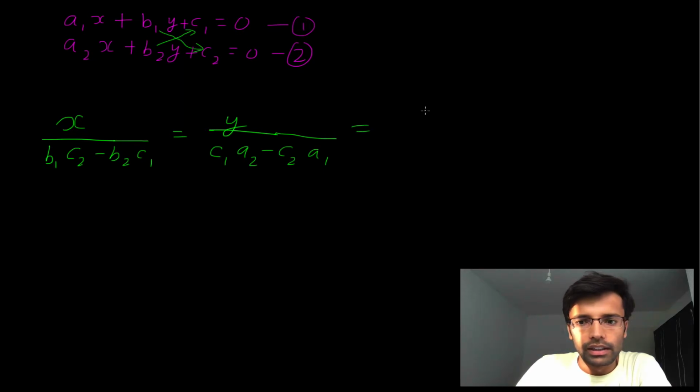And then in the end you have the constant 1 divided by, so you take the next coefficients: a1 b2 minus a2 b1.